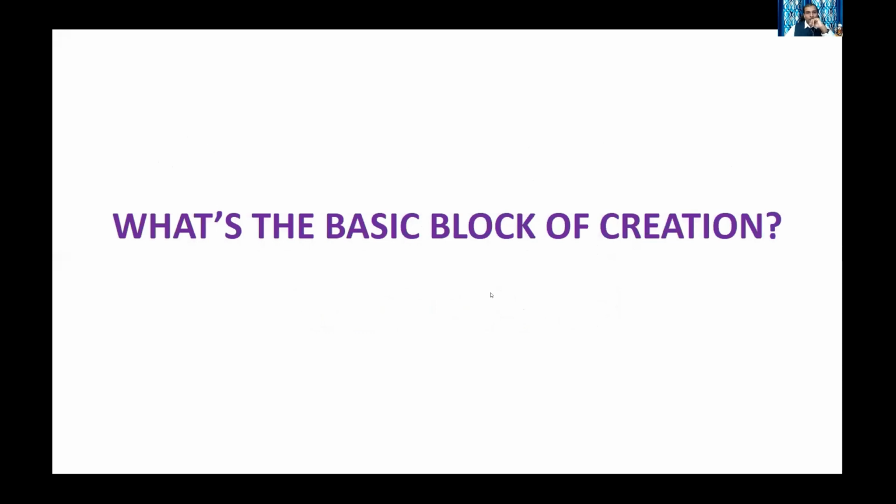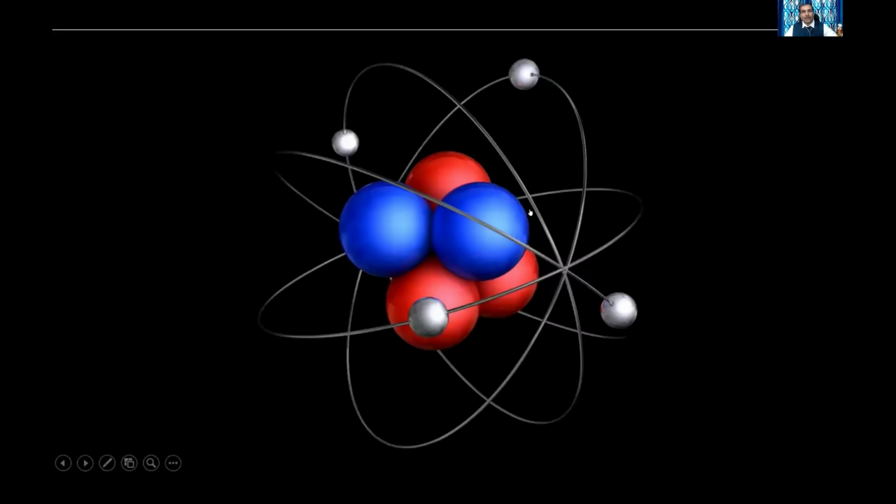I'm going to give this to you. The basic building block of creation is nothing but the atom. This is the key for creation, the basic building block of creation. Everything in this universe is made of atoms.